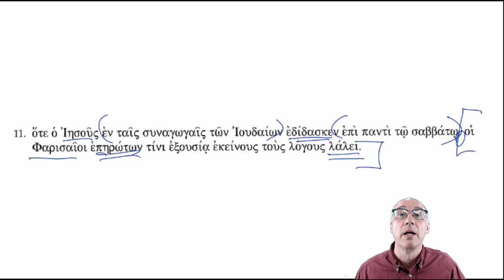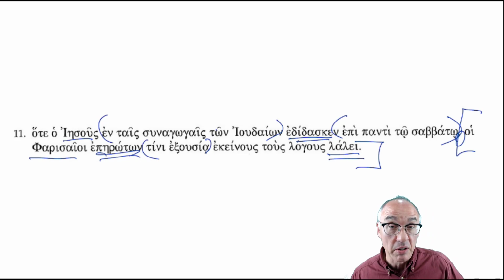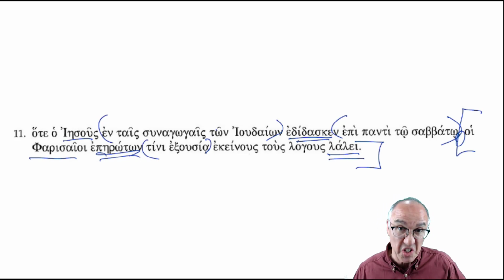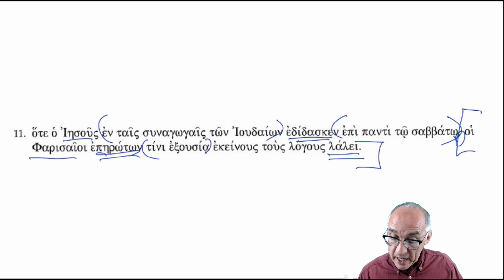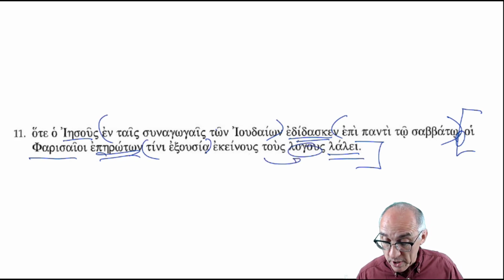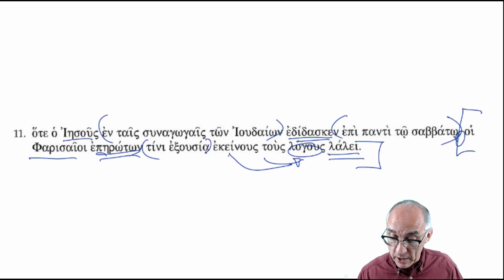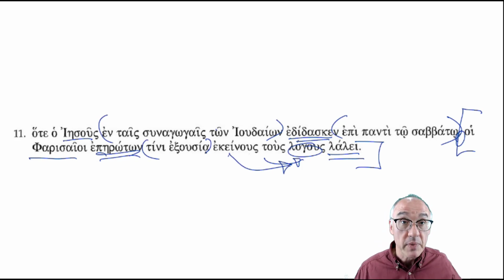Tini exousia, okay, that goes together. Don't know what that is yet, but we'll notate that those go together before we jump into translating it. Lale, ekeinous tous logous: those go together, probably a direct object. Tous, of course, goes with logous, and ekeinous goes with logous. Okay, that's fine.